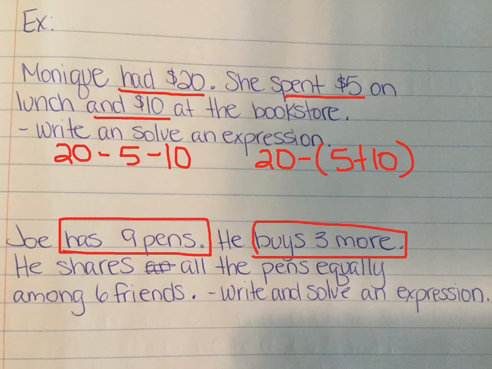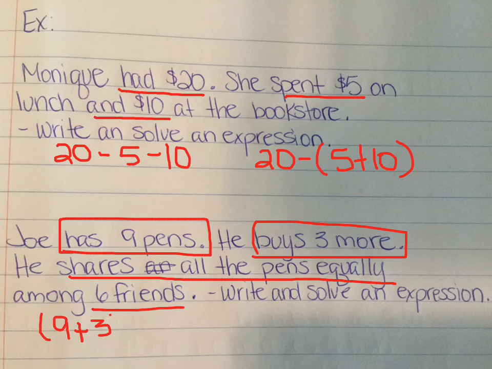Okay, and then he shares equally with 6 friends. So because of PEMDAS, we have to add first, which means the addition needs to be in parentheses. 9 plus 3. And then he's going to share it equally, so we're going to divide. Okay? I'm going to leave that one as well for you to solve.